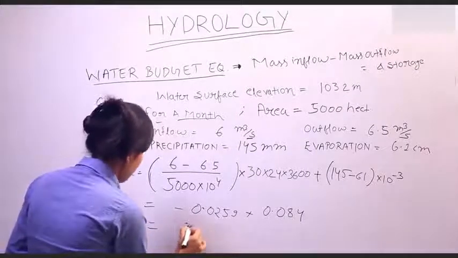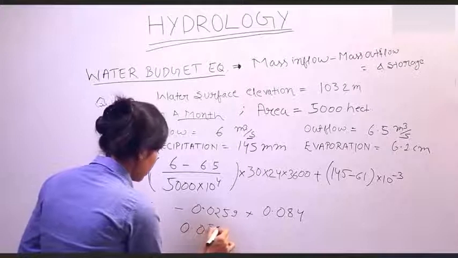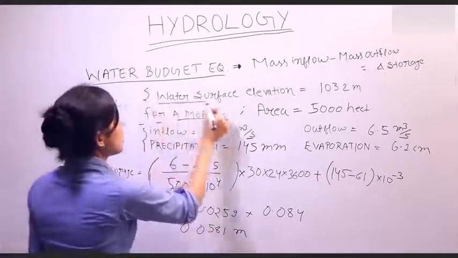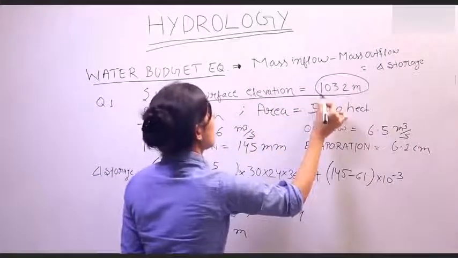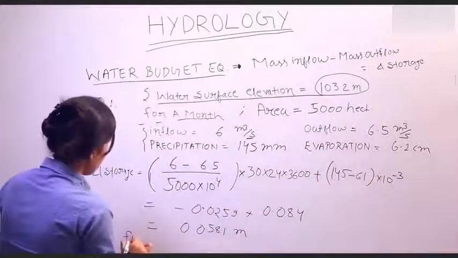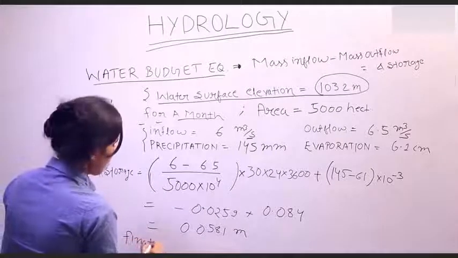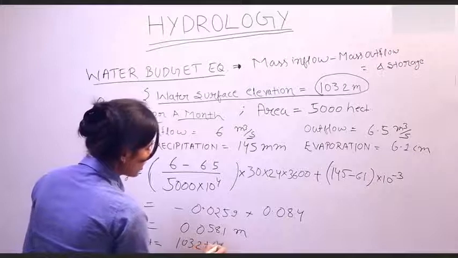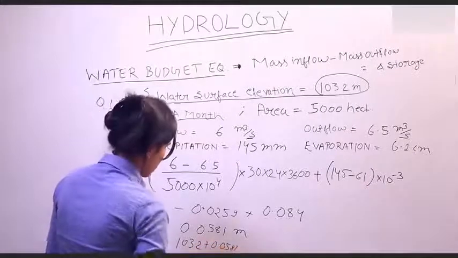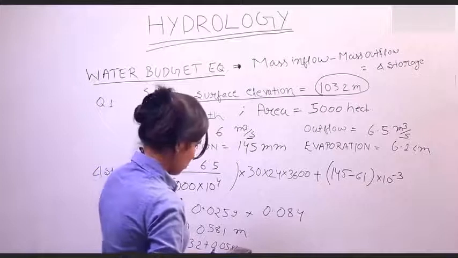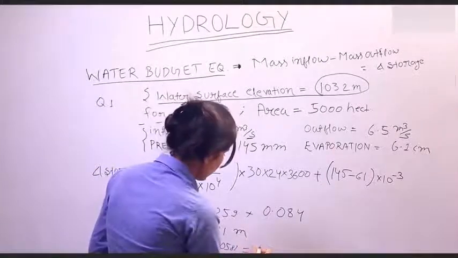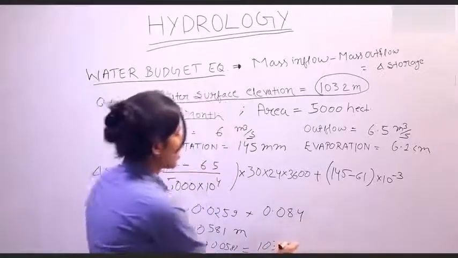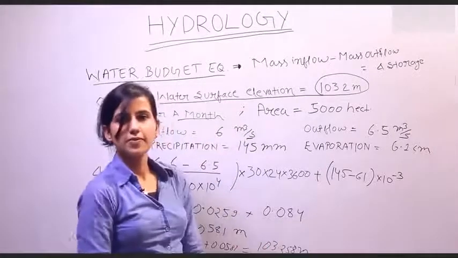That is equal to 0.0581 meter. So our initial water surface elevation is 103.2, and after a month our final water surface elevation is 103.2 plus 0.0581, that is equal to 103.25 meter. That is our final answer.